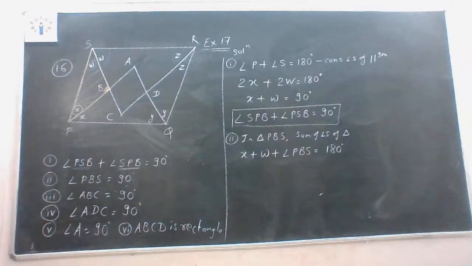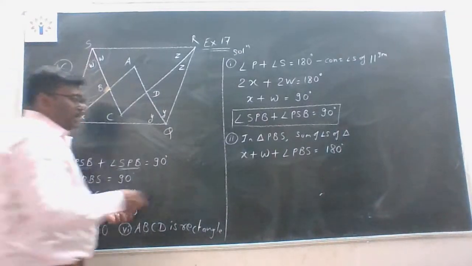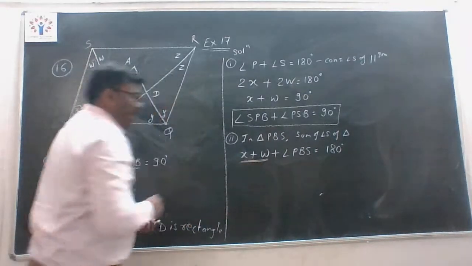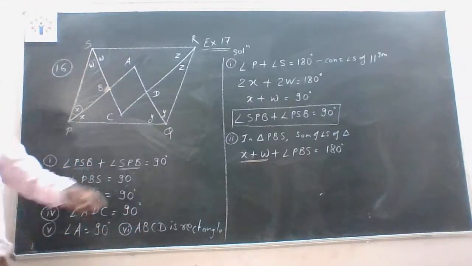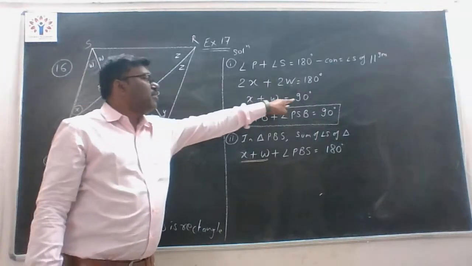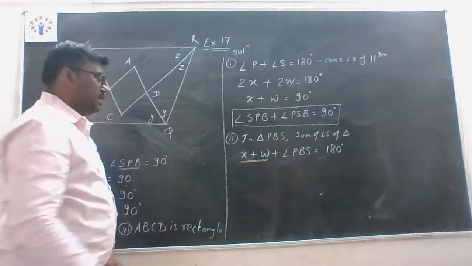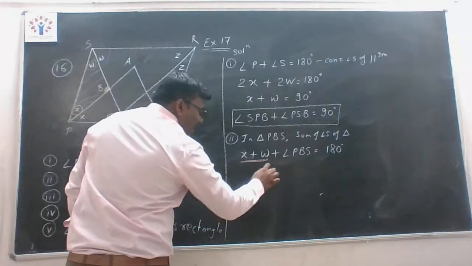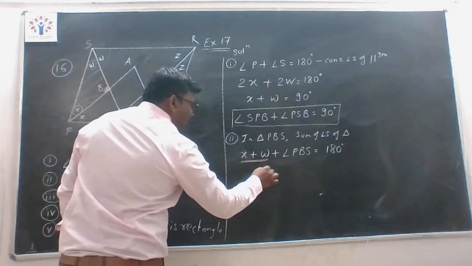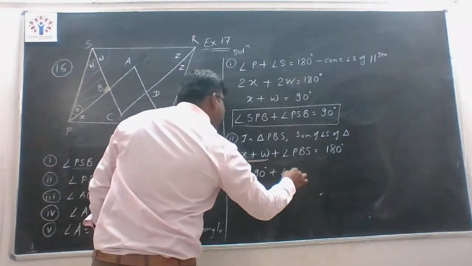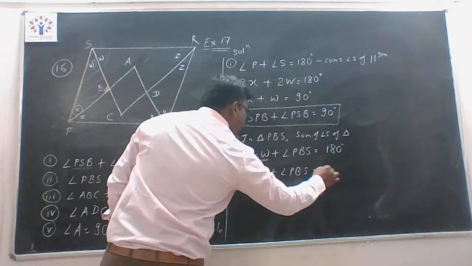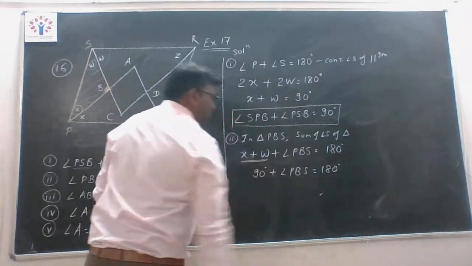But we already know the value of X plus W. What is the X plus W value? 90 degrees. So we can write 90 degrees plus angle PBS equals 180 degrees.